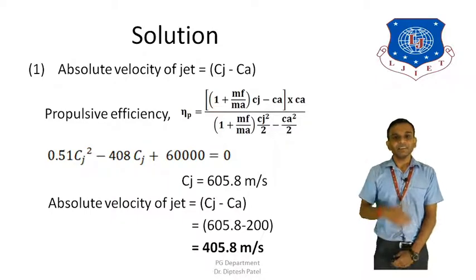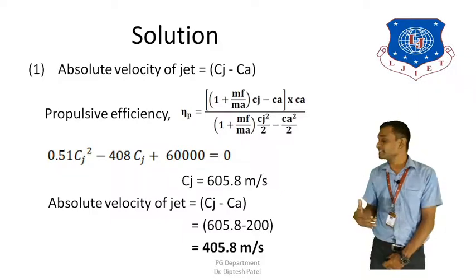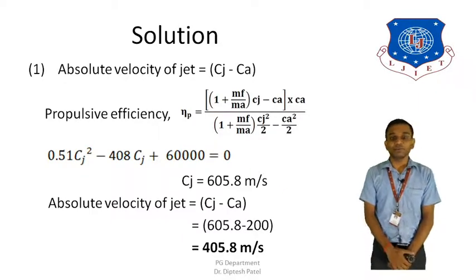Now how do we get Cj? For Cj we can use the formula of propulsive efficiency. Since the propulsive efficiency, eta P, is given to us as 50%, we can find the value of Cj, the velocity of gases leaving the nozzles. So let's go through the formula.